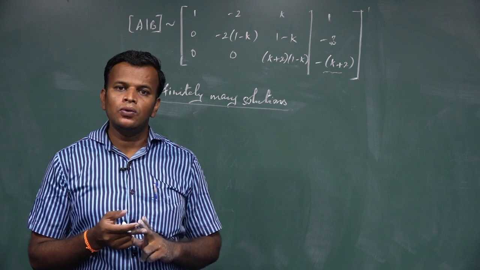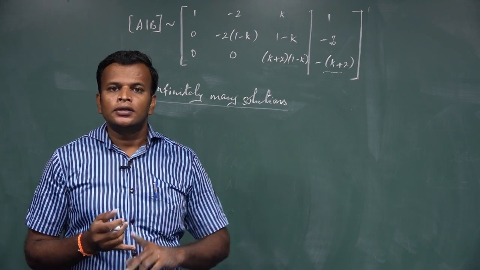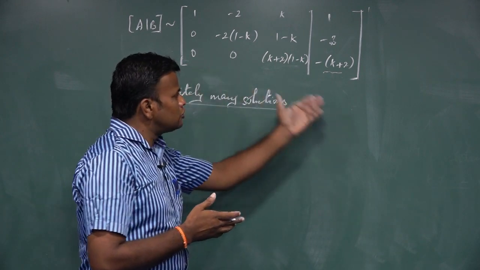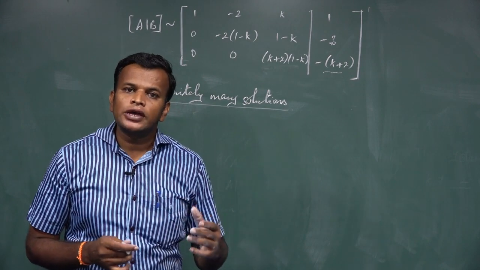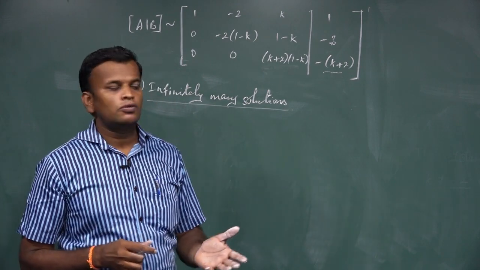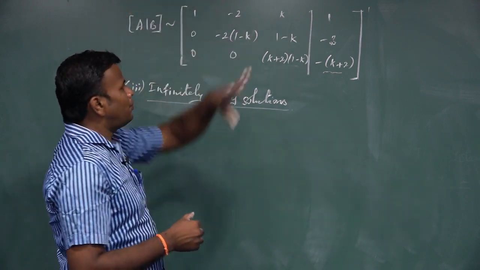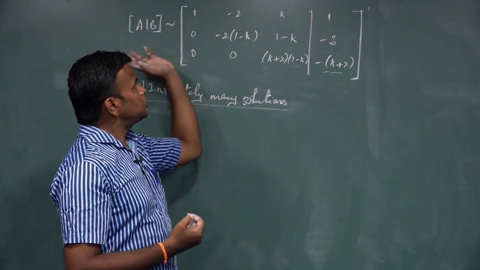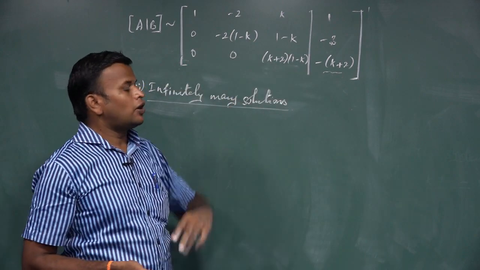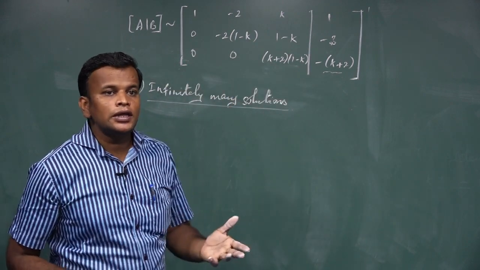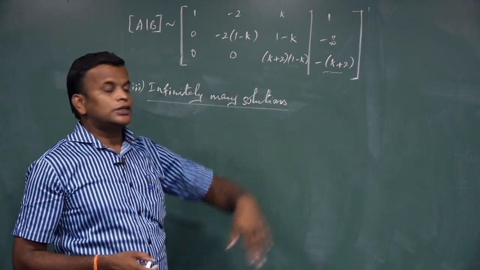Okay, it may be 2 or 1. If the rank is reduced below 3, then the system has infinitely many solutions. So we put in which value of K? For our convenience, I again write the matrix. Now in this augmented matrix form, for which value of K is the rank reduced below 3?